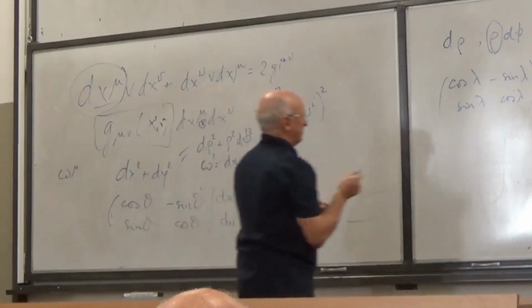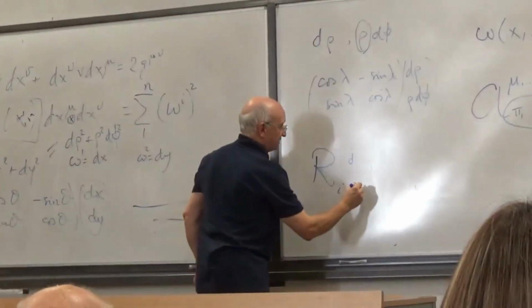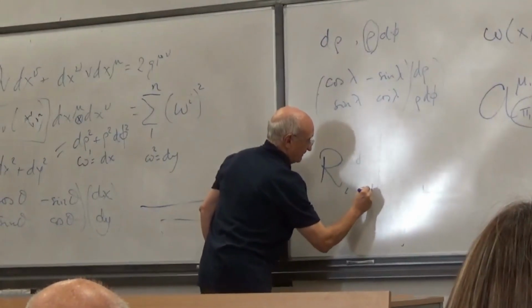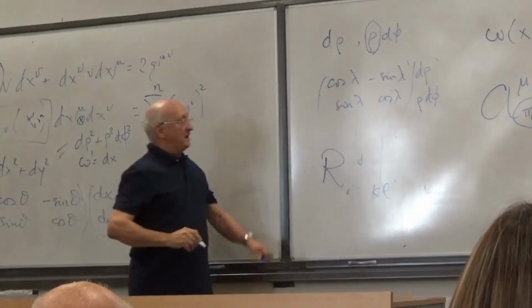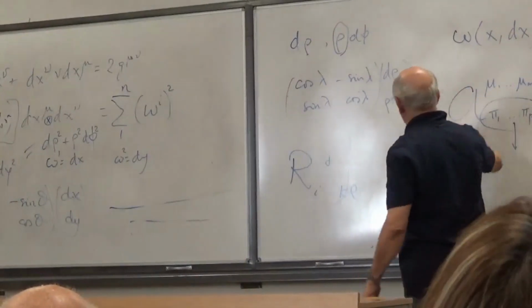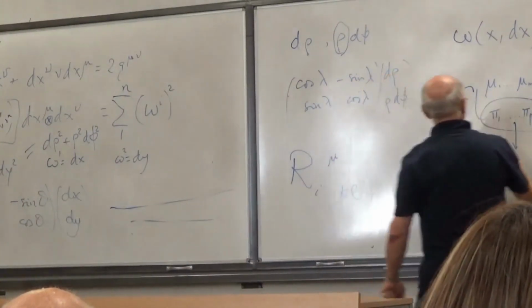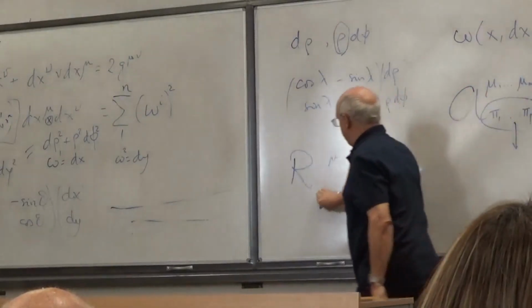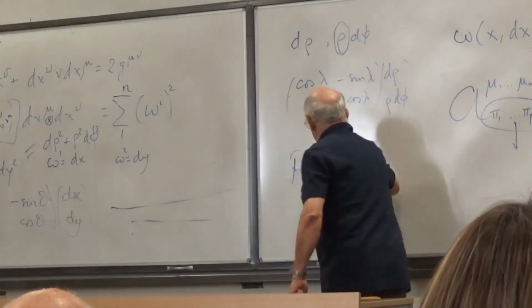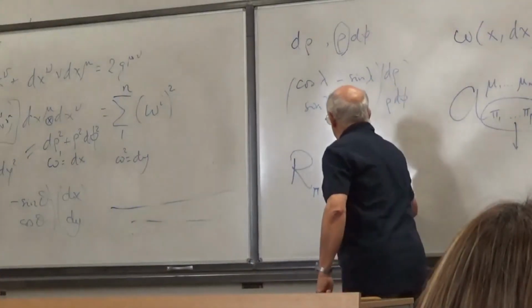Originally, the curvature is an animal whose components are, for the moment, I want to relate that. So this is going to be a mu, this is going to be a pi, and this is going to be a lambda 1 and lambda 2.